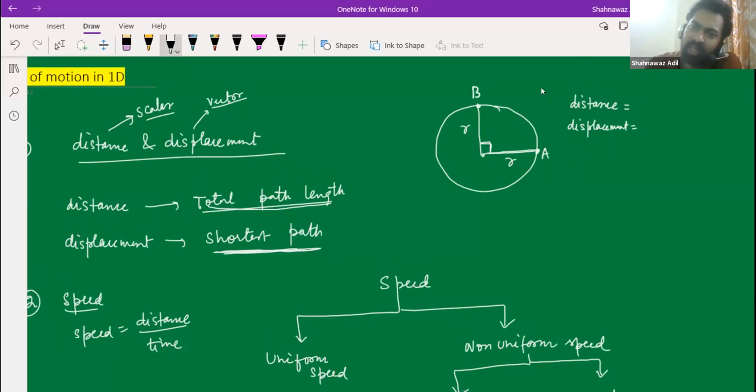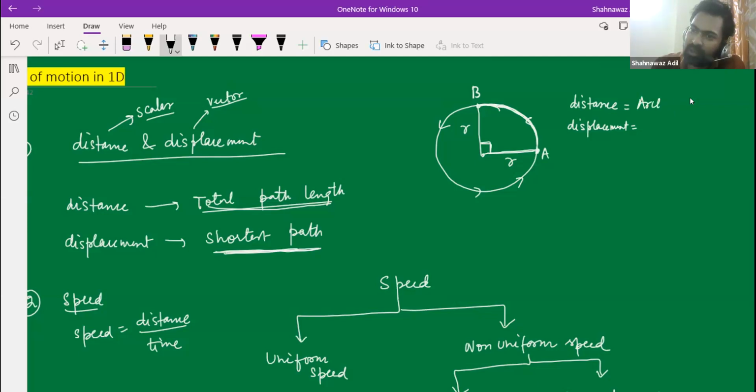So I'm asking that the object is moving in a circle, right? So this is the path that it is following. And let's say the object starts from here and reaches here, right? Then I'm asking what is the distance? So distance would be this path, which is an arc.